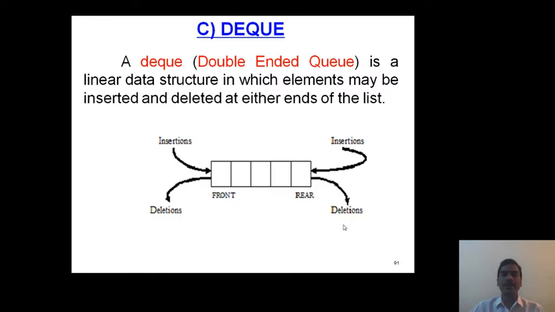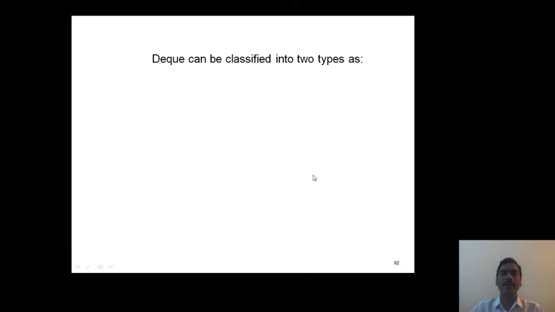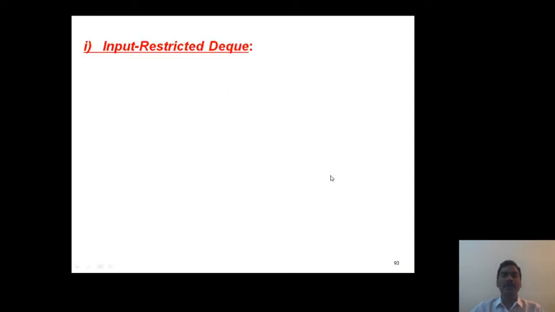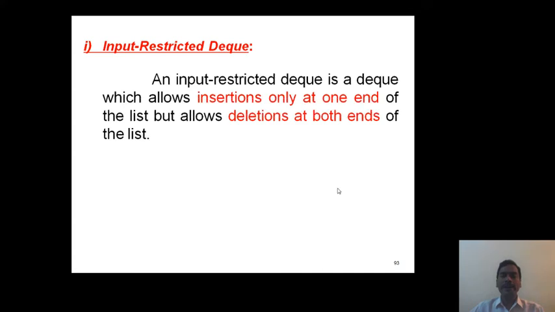Based on the way of performing operations on a Deque, it can be classified into two types: input restricted Deque and output restricted Deque. Input restricted Deque allows insertions only at one end but deletions at both ends of the list.